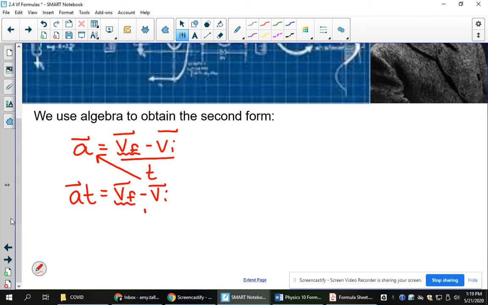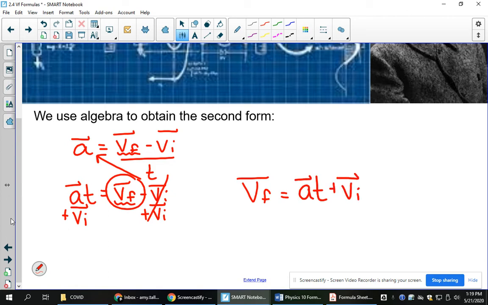It's minusing, so I'm going to do the opposite, which is plus on both sides. So these will cancel, and on this side I'm left with VF. On this side, I've got AT plus VI. So there's the algebra of how we created the second formula from the first one. And that's why I say they are the same formula.